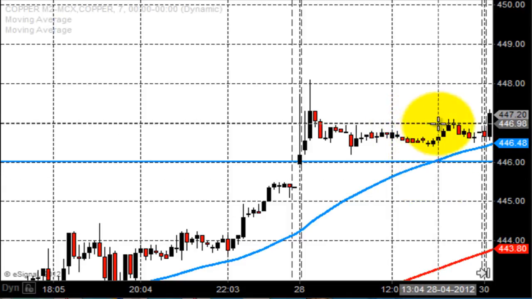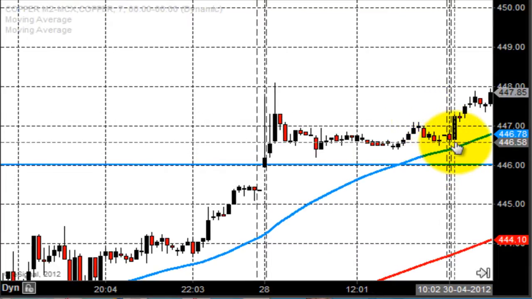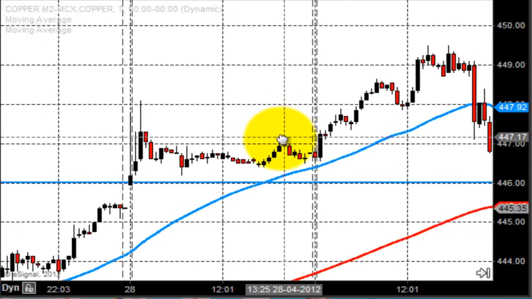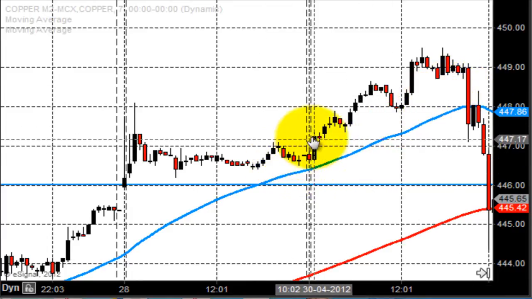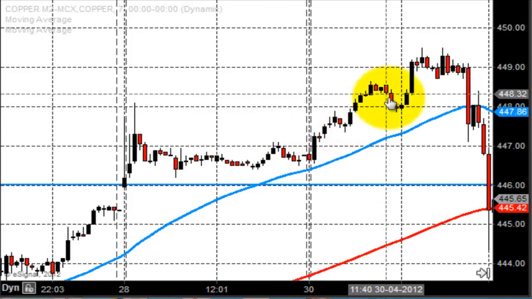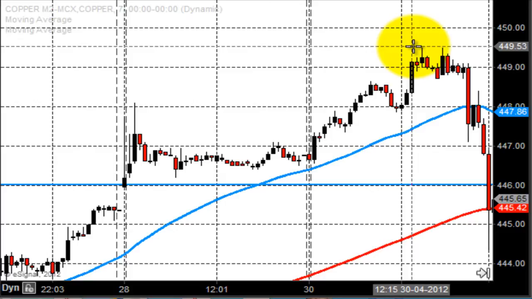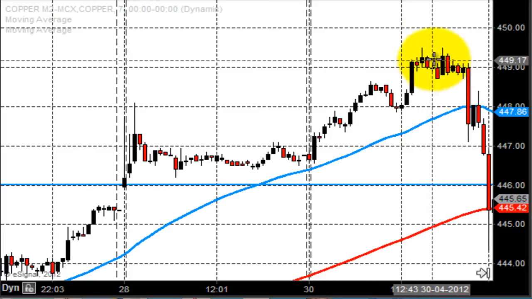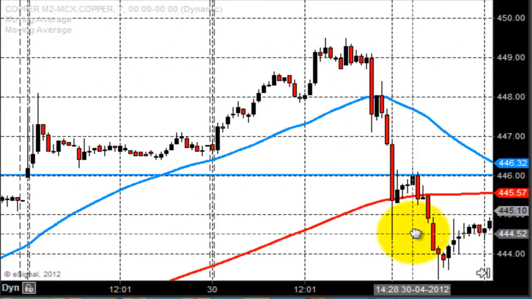So let us see what happened from Monday. The market opened around 446.5. From there you can see that straight away from the opening there was a good gain in the market, and MCX Copper tried to climb higher and reached a level of 449.5. After that there was some drop in the market, probably due to some profit booking.